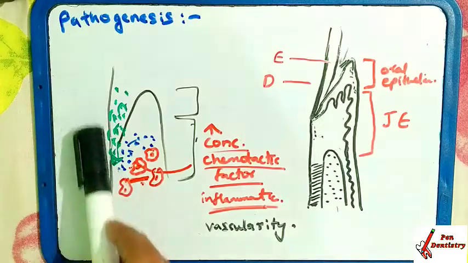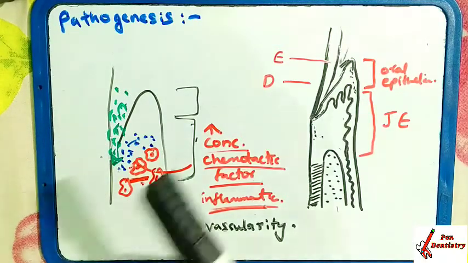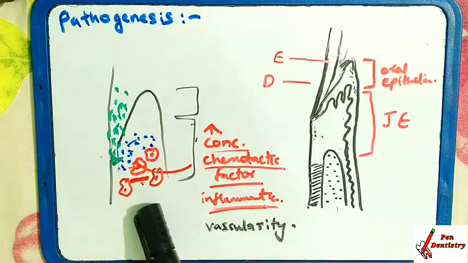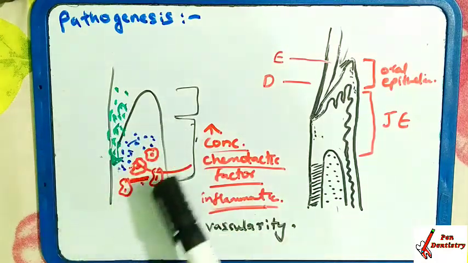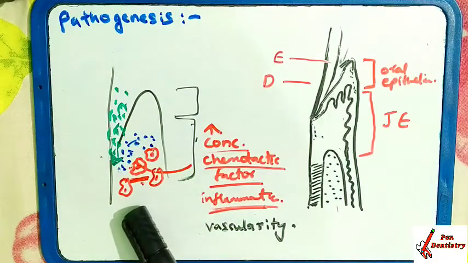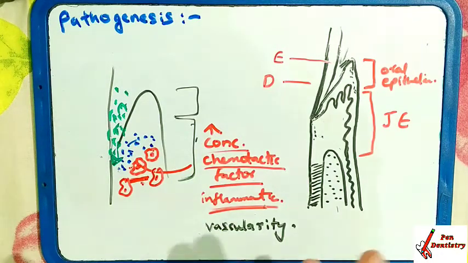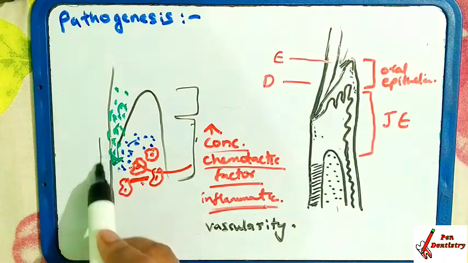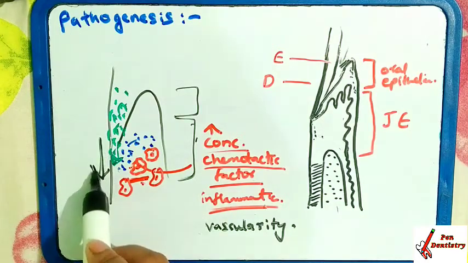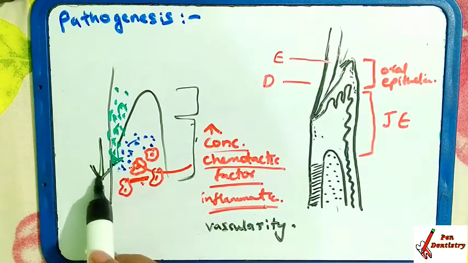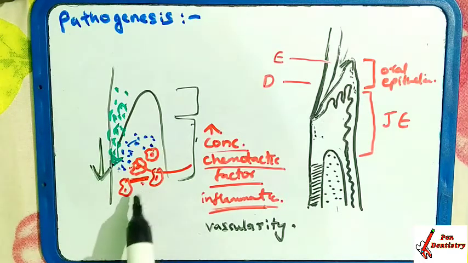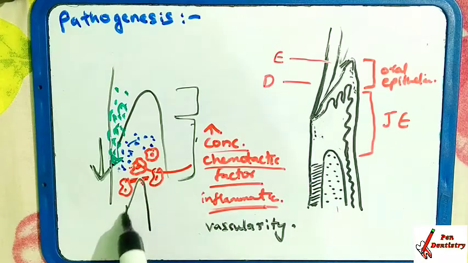As these bacteria grow more and more, the pocket formation grows more and more. This junctional epithelial region is becoming ulcerated. Inflammation has reached a higher level, and these bacteria have come further down and down. They are doing more deepening. At last, the bone here will resorb.